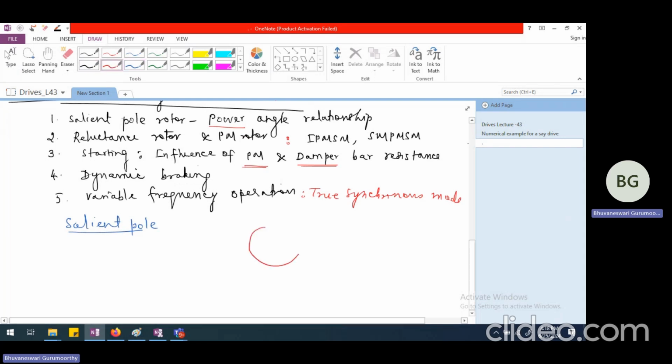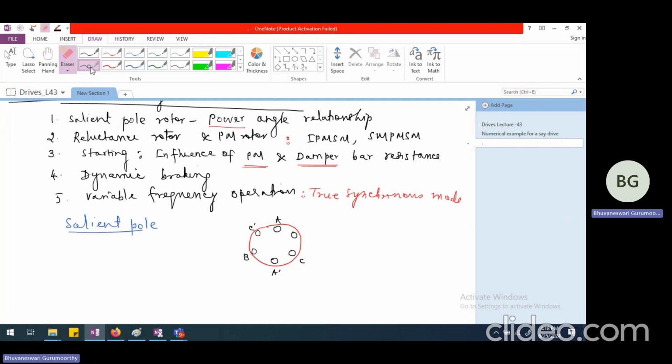So let us say this is my synchronous motor's cross section of the stator, then I will have A dash, B dash, and C dash as the three-phase windings. So let me write them. A dash, this is B dash, and this is going to be C and C dash. So these are going to be the three-phase windings.